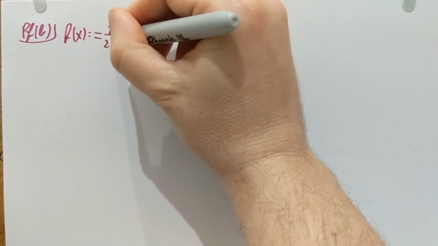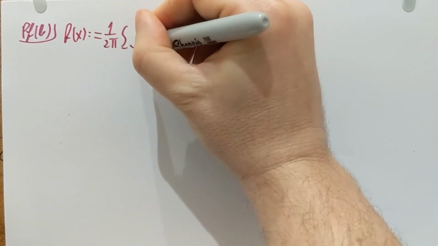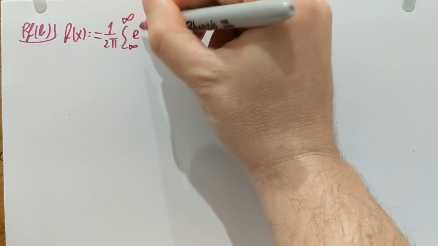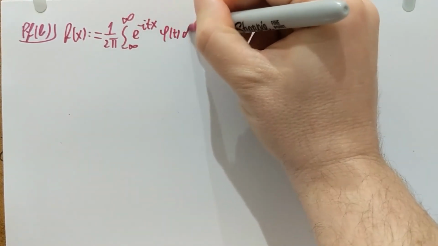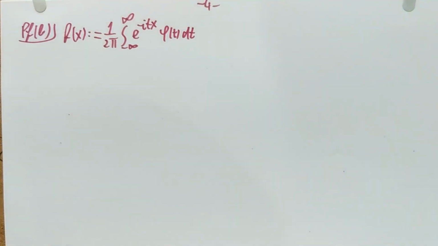At this point, I'm going to define f of x to be the function 1 over 2 pi, integral from minus infinity to infinity of e to the minus itx phi of t dt. This is a well-defined integral if phi is integrable.